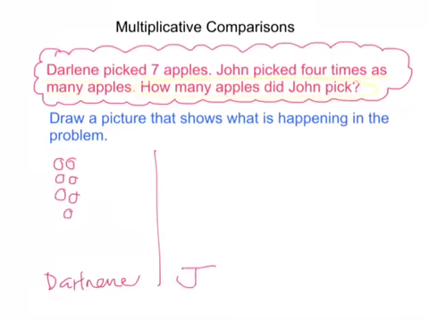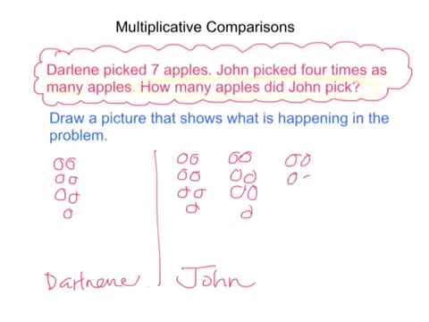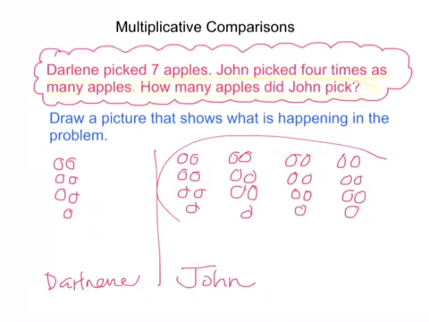So if John picked 4 times as many, then it's really going to be 4 groups of 7. 1, 2, 3, 4.